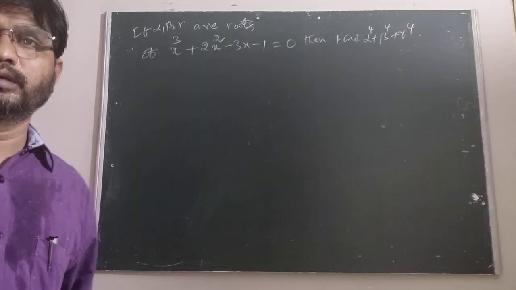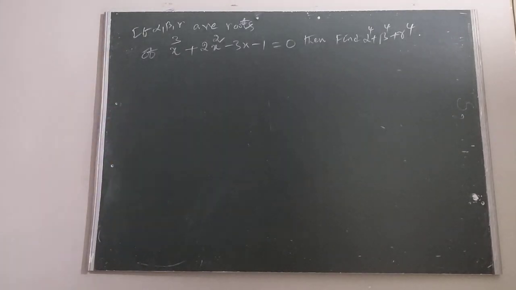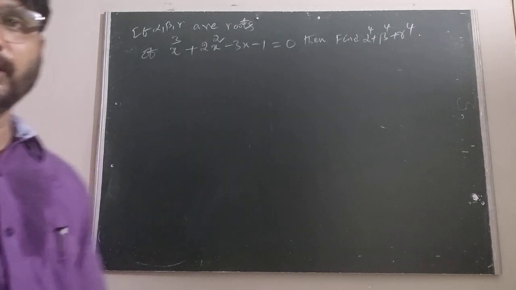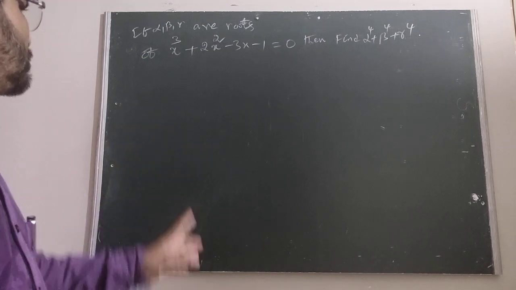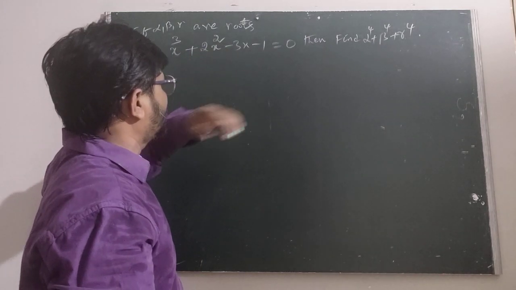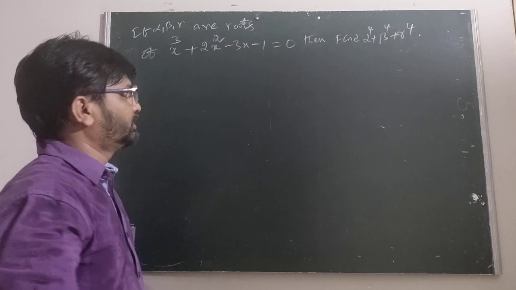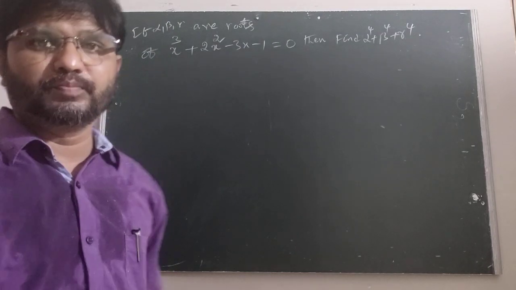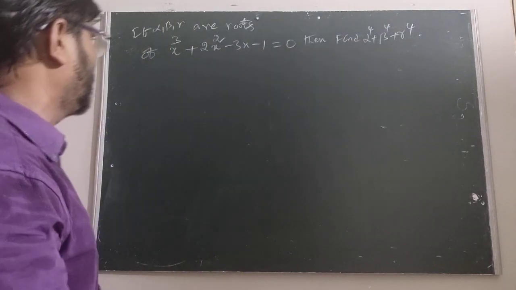Okay, so now we are going to the example. Here alpha, beta, gamma are the roots of x cube plus 2x square minus 3x minus 1 equal to 0. Then find alpha power 4 plus beta power 4 plus gamma power 4.